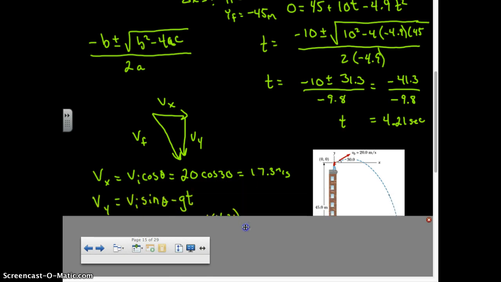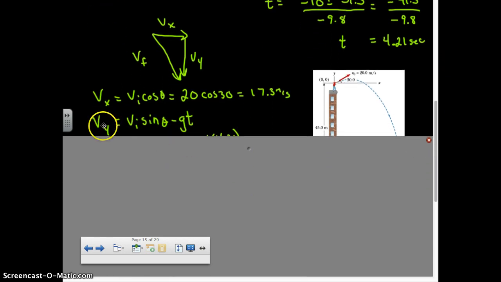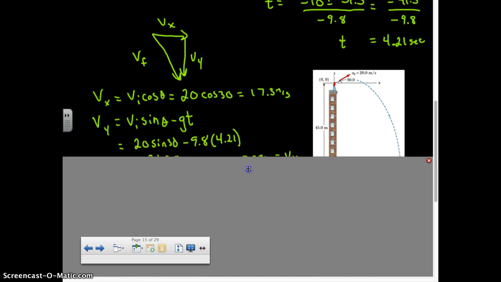But the y direction will change because the object is accelerating downward. To get our y component of velocity, we use our equation of motion for accelerated free fall. We have 20 sine 30, that's the y component of the speed thrown upwards, minus 9.8 times the total time in the air, since we're interested in the end of the problem, 4.21 seconds.